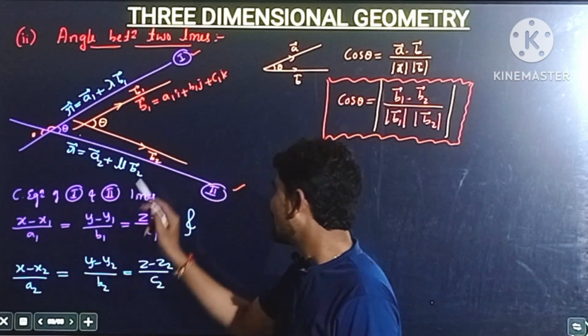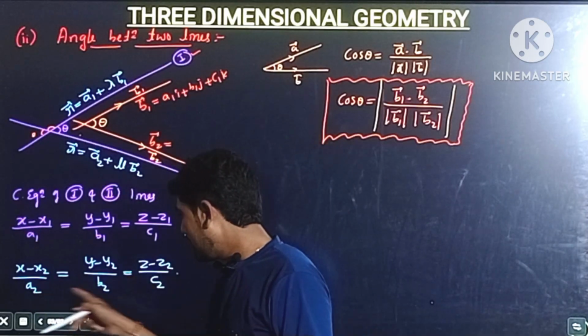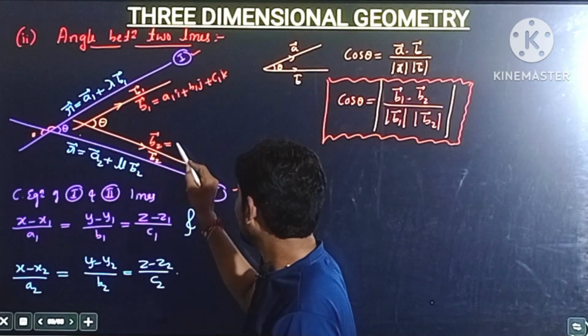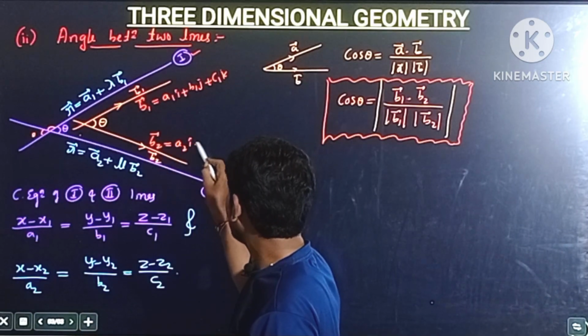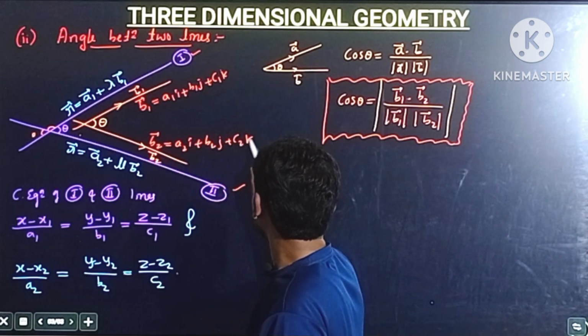Similarly, the component form of the b2 vector whose direction ratios are a2, b2, c2 is definitely a2i plus b2j plus c2k.